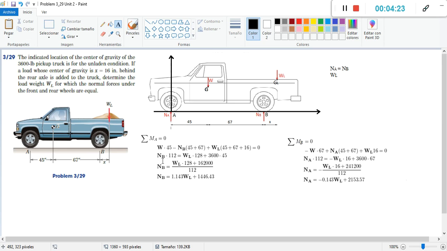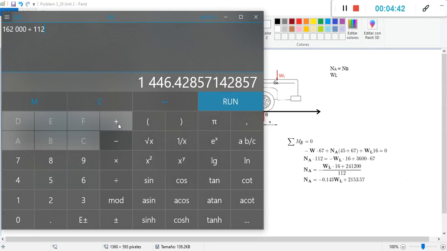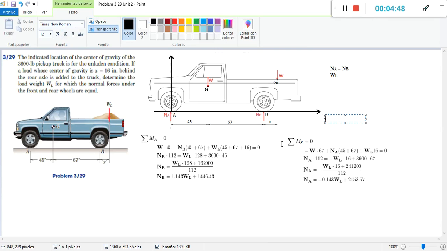NB times 112, which is the sum of the distances between NB and NA, 45 plus 67, which is 112, plus the weight, which is 3,600 pounds, times the distance between the center of gravity, which is the weight, and the wheel A, which is 45.